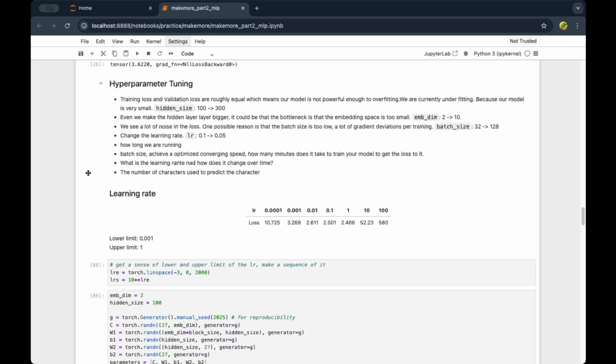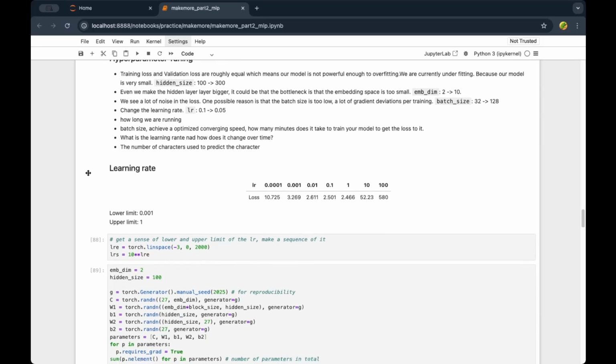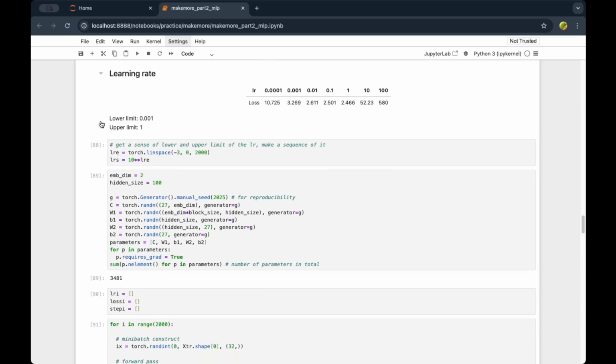The first hyperparameter to tune is the learning rate. While you can make some educated guesses until you find the best learning rate, it is recommended to do so in a more systematic way. The best practice here, as introduced by Andrej, is to set the lower limit and upper limit of the possible learning rate and span the entire range in one training loop.